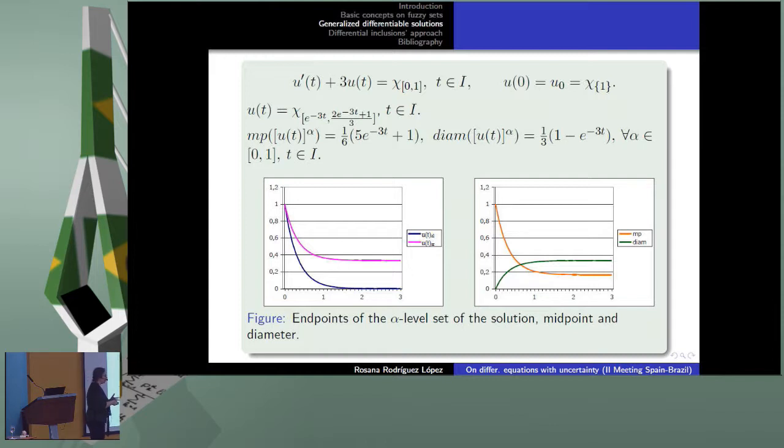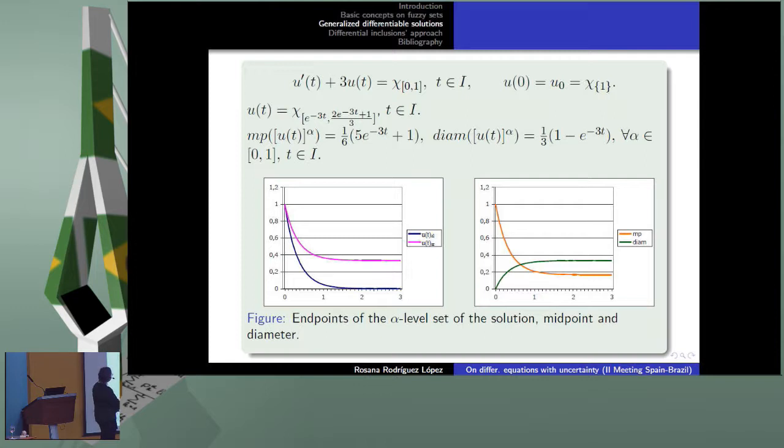That is a big problem because when modeling some real phenomena, it could happen that this diameter reaches a point where it is too big and is not representing properly the properties of the phenomena itself. So in this case, in green, the diameter of the solution is shown, which is not a very bad situation because it's bounded.